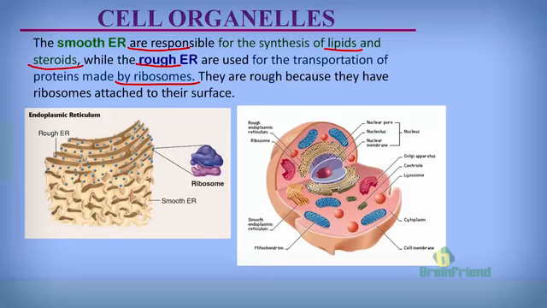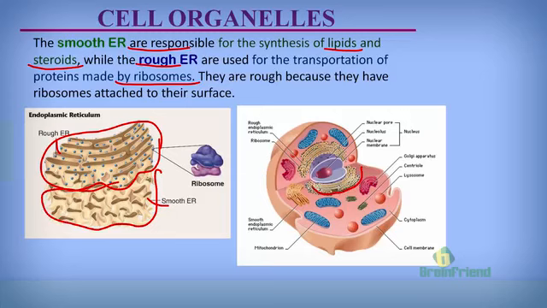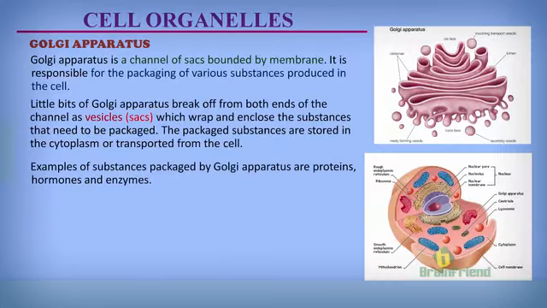The rough endoplasmic reticulum are rough because they have ribosomes attached to their surfaces. These are the rough ones with ribosomes. These are the smooth ones without ribosomes. Remember, their functions are different. You can see them, rough endoplasmic reticulum and smooth endoplasmic reticulum.